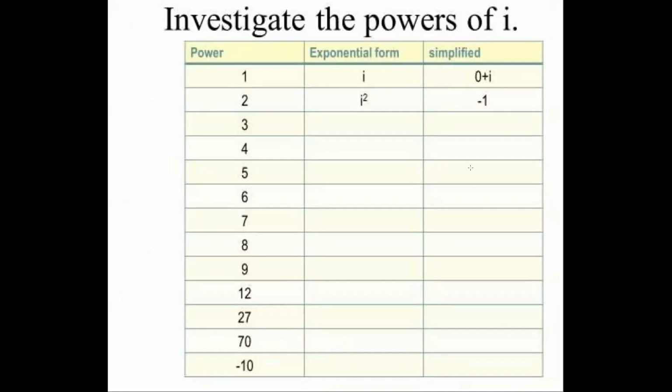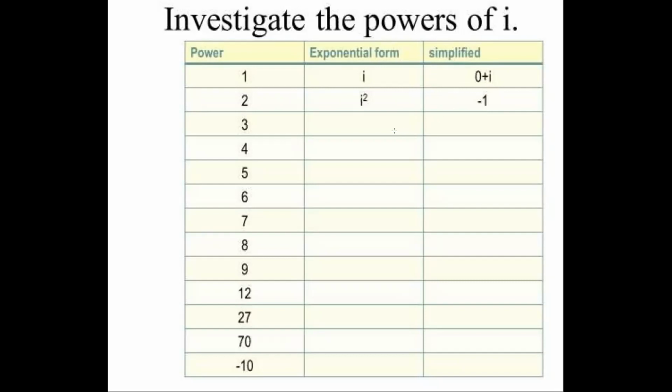So first one, this is the power index 1. So I to the power 1, that becomes I. So in simplified form or in complex form, we can write it as 0 plus I. So the real part of I is 0 and imaginary part is 1.